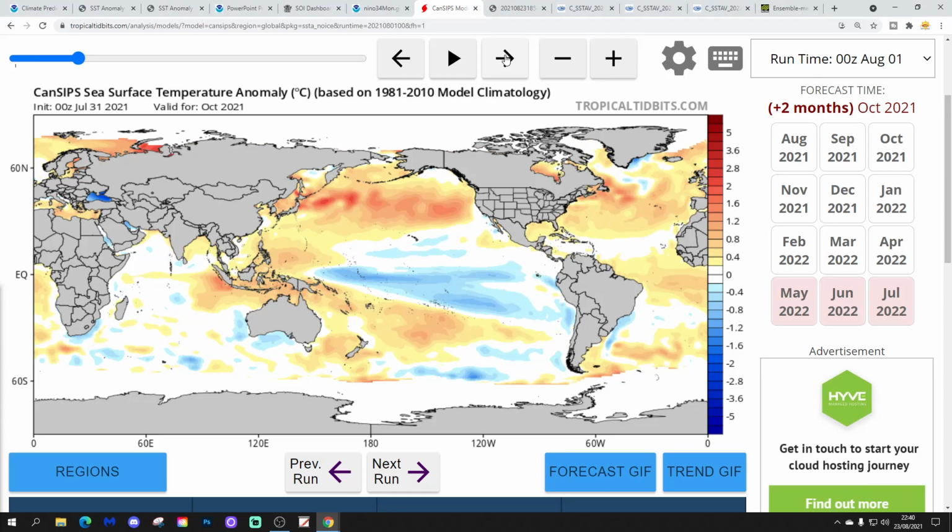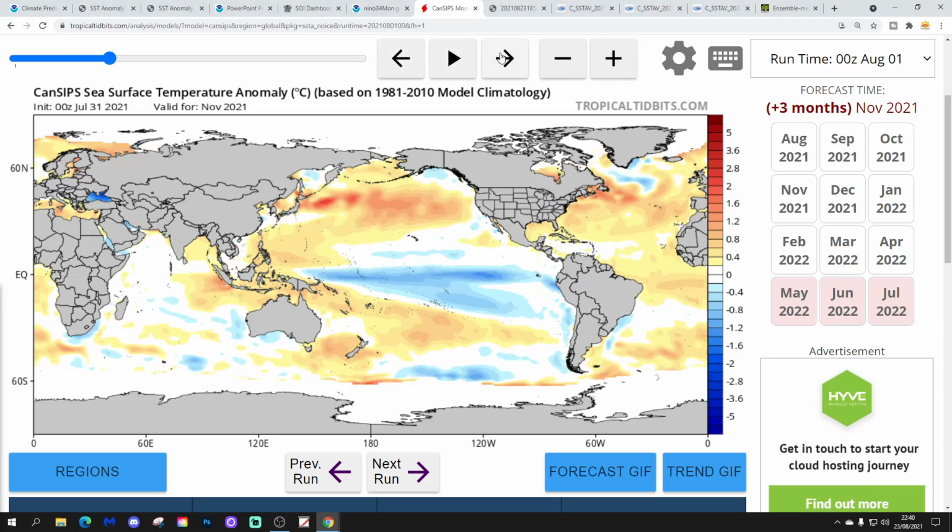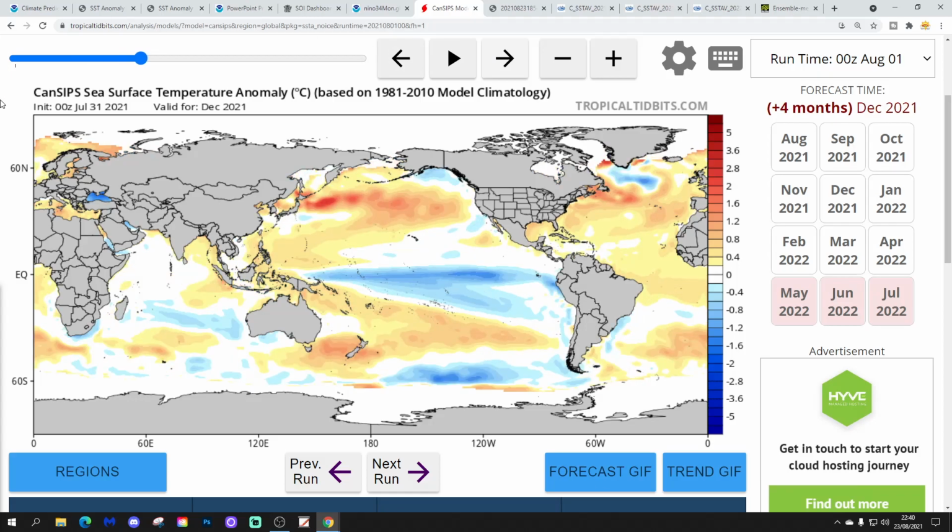And then we see a further expansion of the colder than average sea surface temperature anomalies through October, and they're even starting to move in towards that eastern part of the Equatorial Pacific Ocean too, and that carries on through November and into December, by which time, obviously, we have got a proper La Nina signal going on there.